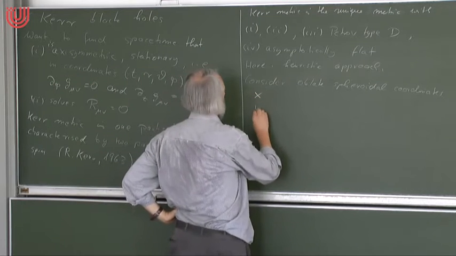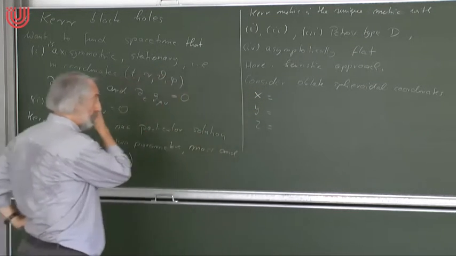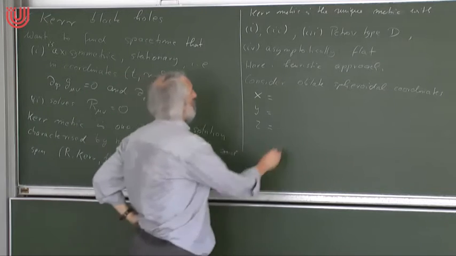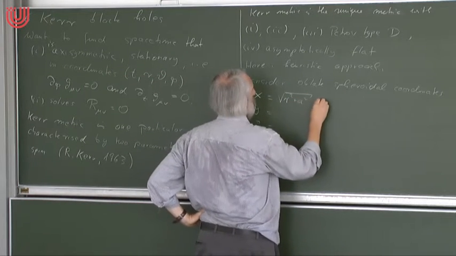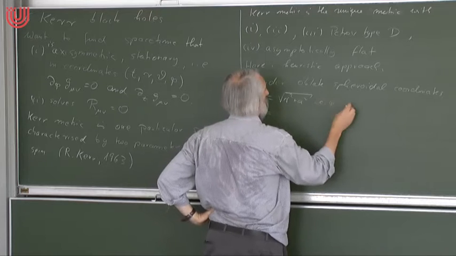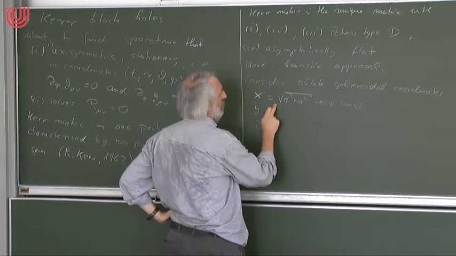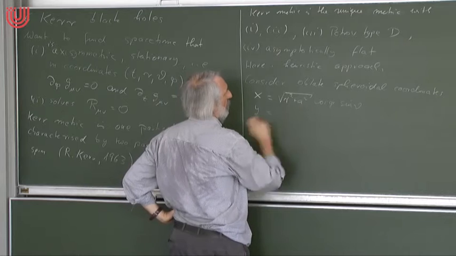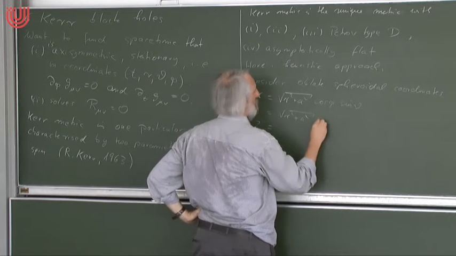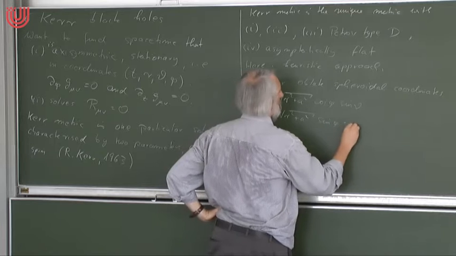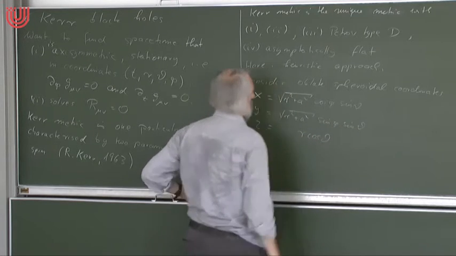Instead of the Cartesian coordinates x, y, z, which we have in flat space, we introduce something which is not the usual spherical coordinates. This would have just an r in front of this, but instead we write square root of r squared plus a squared, times sine theta cosine phi, square root of r squared plus a squared sine theta sine phi, and r cosine theta.